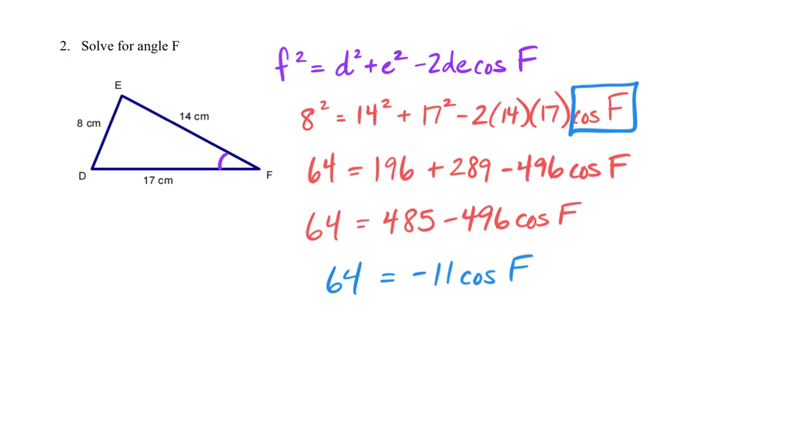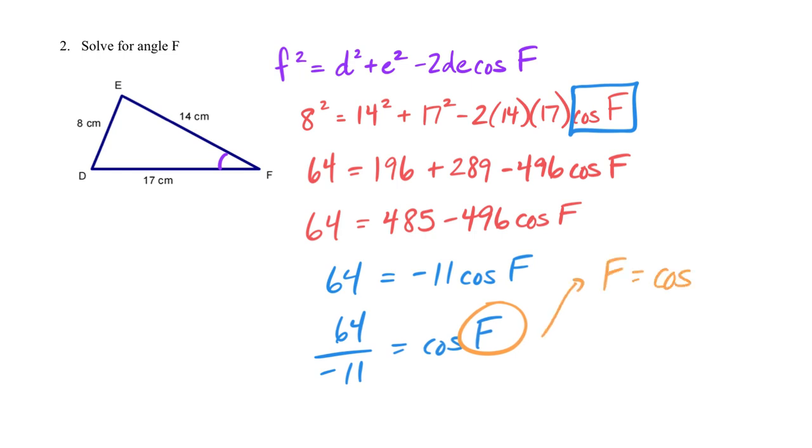Well, to get the cos F all by itself, I would have to divide out my negative 11. No problem. Well, look what you have. You have a little trig equation. There is your variable. That means you have to solve for F. F is your angle, so to solve for that, you have to go backwards. So F is going to be the inverse cos of 64 over negative 11.